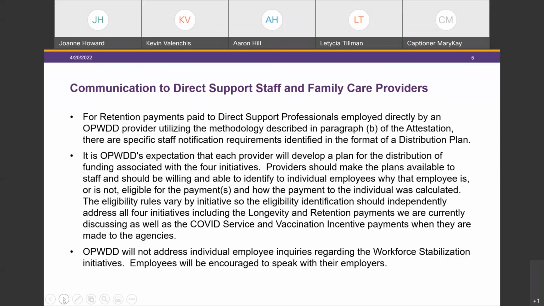The eligibility rules vary by initiative, so the eligibility identification should independently address all 4 initiatives, including the longevity and retention payments we are currently discussing, as well as the COVID service and vaccination incentive payments when they are made to agencies. OPWDD will not address individual employee inquiries regarding the workforce stabilization initiatives. Employees will be encouraged to speak with their employers.